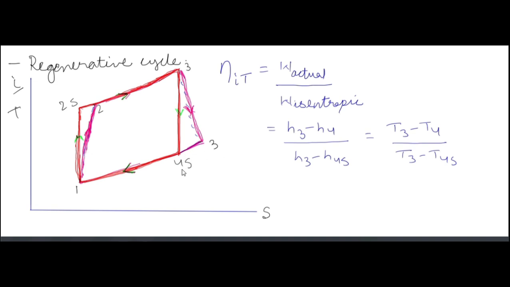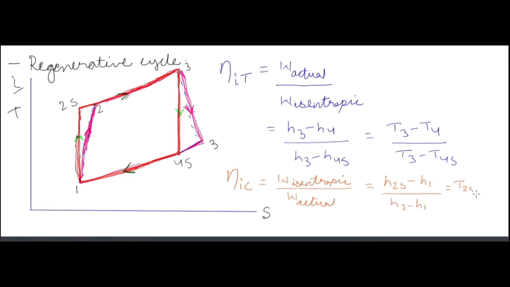Adjacent to this, 4s is 4, not 3. Now we will compute the isentropic efficiency of the turbine and the isentropic efficiency of the compressor. The isentropic efficiency of the turbine is equal to the actual work output of the turbine by the isentropic work of the turbine, because isentropic work is more and the actual work produced by the turbine is less. Similarly, isentropic work consumed by the compressor is less, while the actual work consumed by the compressor is more.